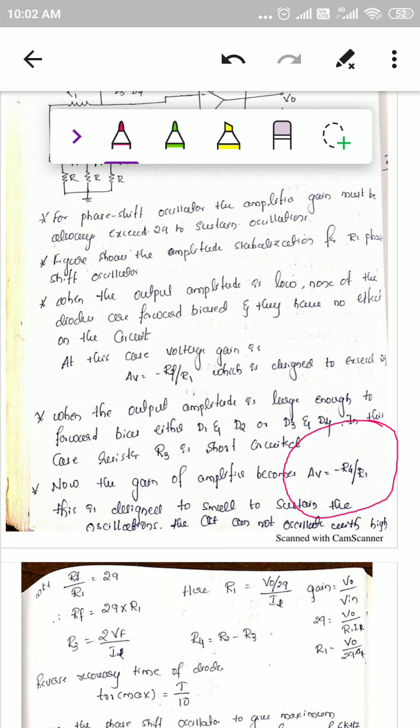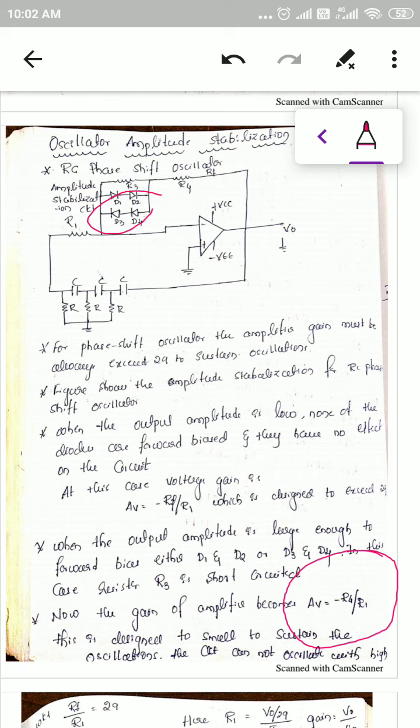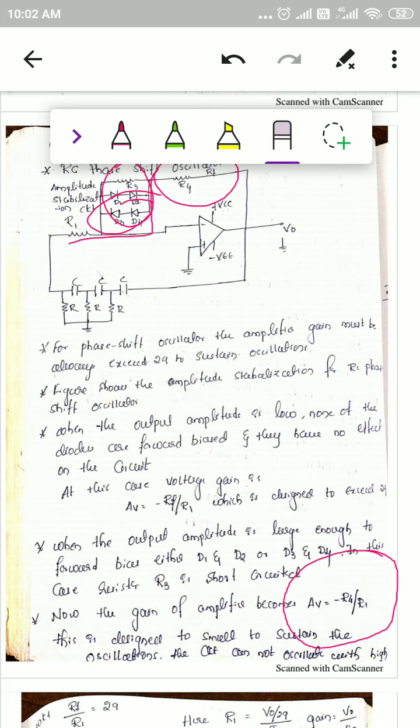I'll show you here: all these are short circuited, this resistance is also short circuited, so R4 itself is the feedback resistance. That is why the gain is minus R4 divided by R1. That is the gain in the second case.